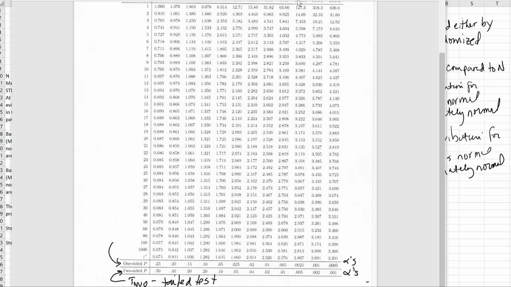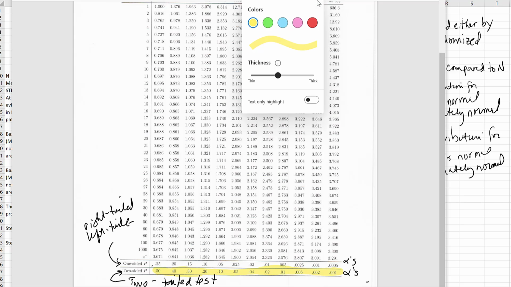For our one-tailed test, our right-tailed and left-tailed, we look for the alpha on this row right here. But in our problem, we are looking at this row because we're in a two-tailed test, remember? We're looking to see if there's a difference in the mean. So that's where we're looking.